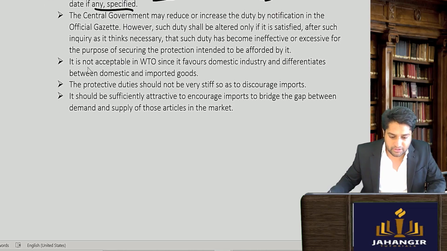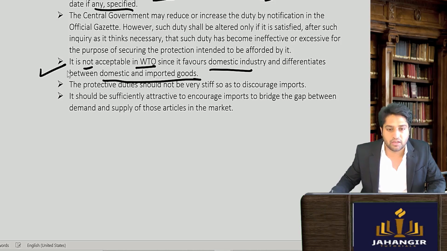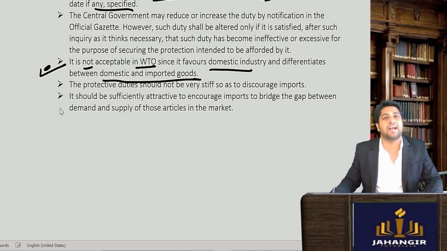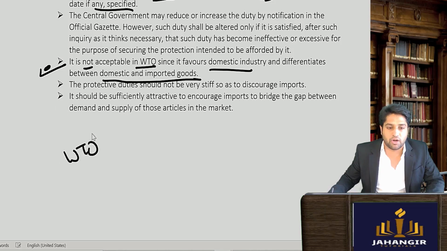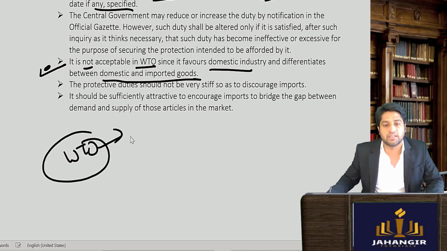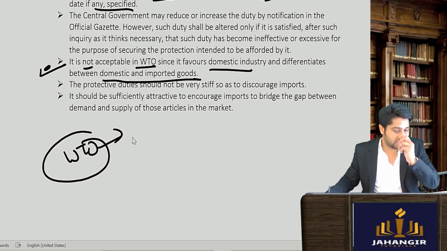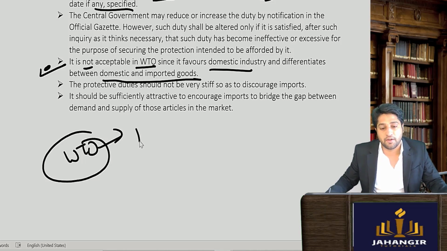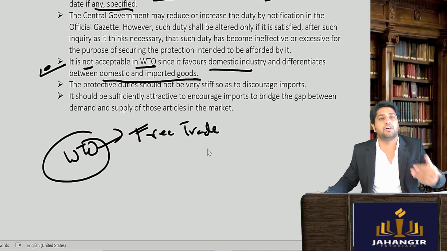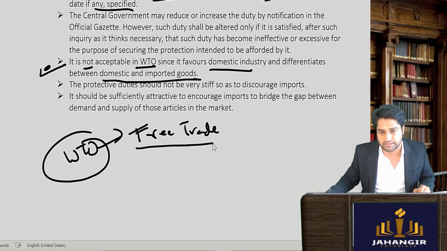Now this is not acceptable in the WTO since it favors the domestic industry and differentiates between domestic and imported goods. So ideally the World Trade Organization always encourages free trade, that countries should not interfere and let the import export happen in the normal course of business.